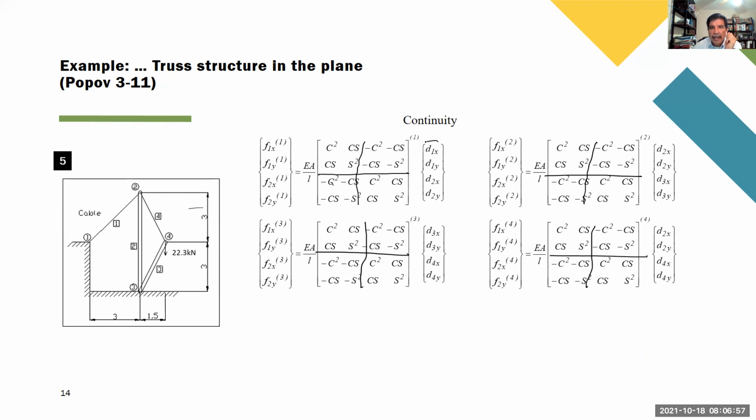And we can see that in every element, in every joint, we have 2 degrees of freedom. So every joint can move in the X and in the Y direction. Okay? Now, let's put them together.